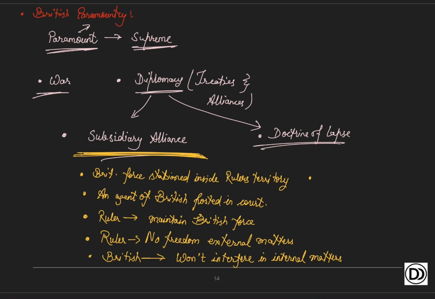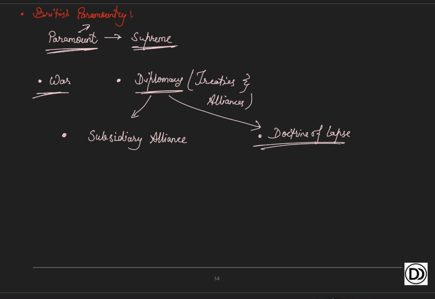And all of the threat is dealt with by the British. So these were the main features of subsidiary alliance.